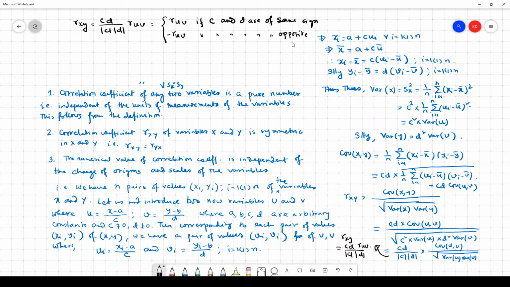So we observe that after change of scale and origin, the magnitude of the correlation coefficient of the two new variables is the same, but the sign may change depending on the sign of c and d. Clear? Have you any queries? Please tell me.